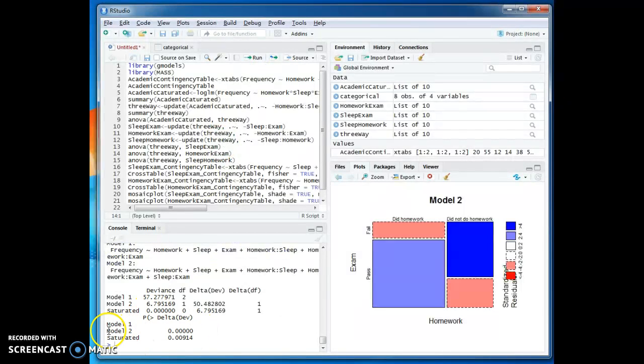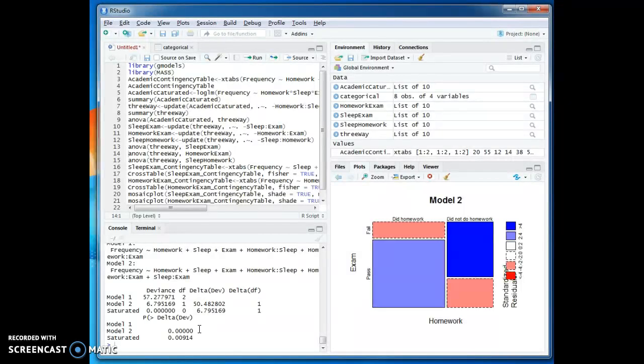Right here we see the p-value is 0. I don't know why it shows 0, but I assume it's less than 0.001, which means it is significant.